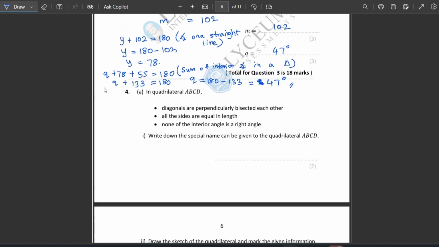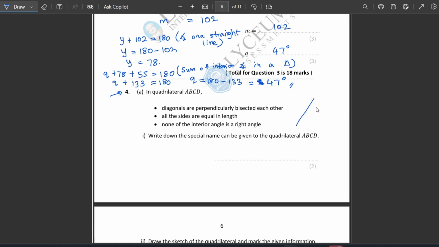Okay, in the fourth question, diagonals perpendicularly bisect each other. All the sides are equal in length. None of the interior angles is a right angle.